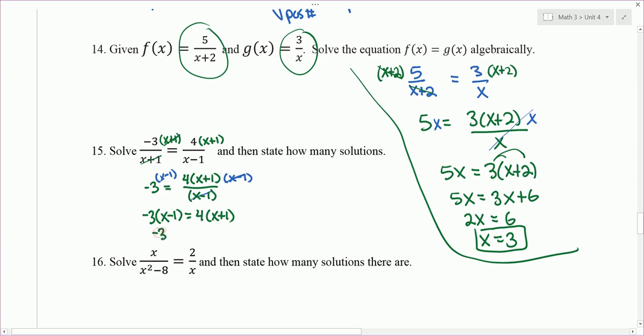Distribute. And then solve. So I'm going to add 3x to both sides of the equation. Subtract 4. Divide by 7.